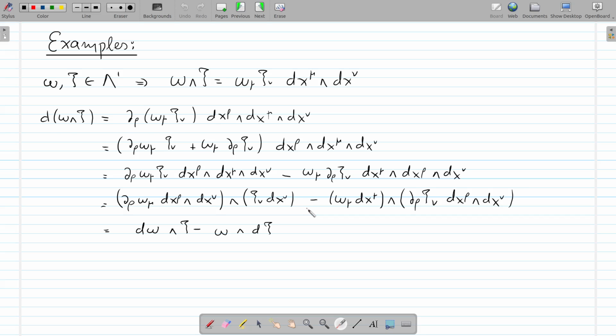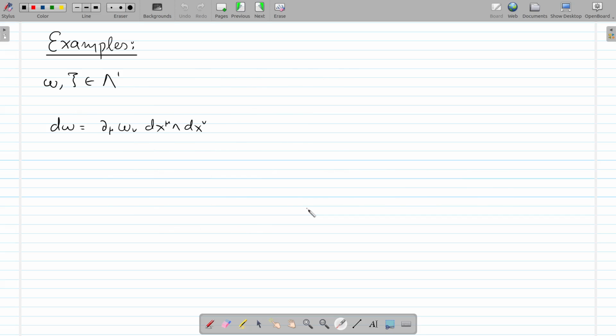Now let's consider d omega, that is a 2-form. Now, if we dare to differentiate this once more, then by applying the definition of d, we will simply have to compute the ordinary derivative of d mu omega nu and put here a dx rho.